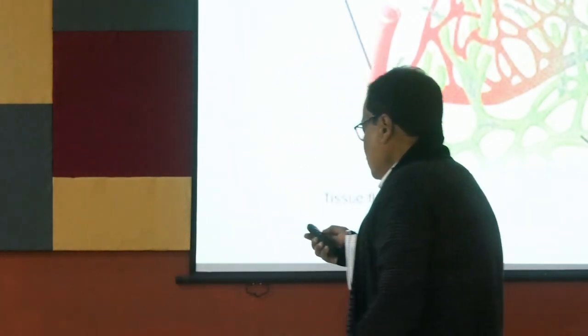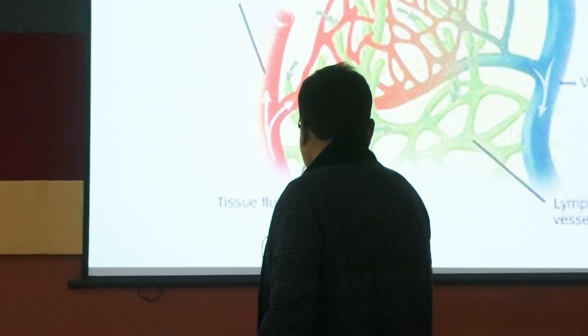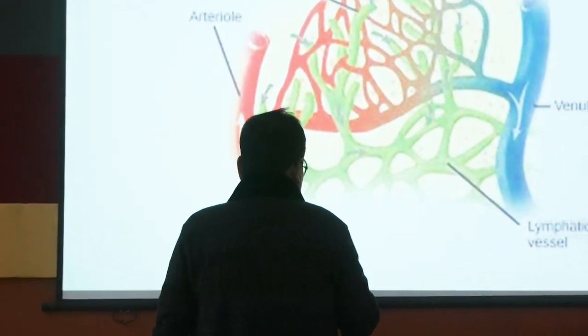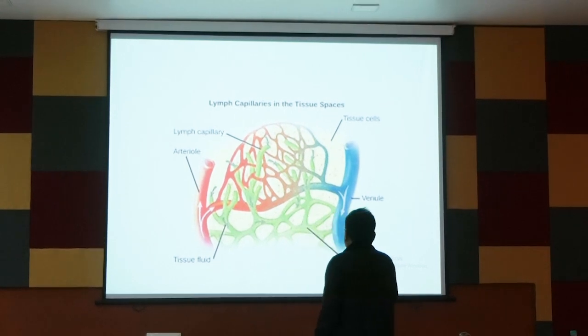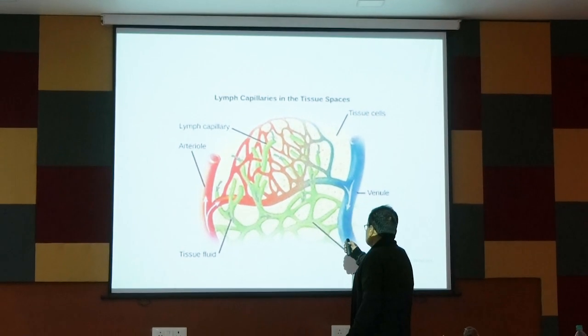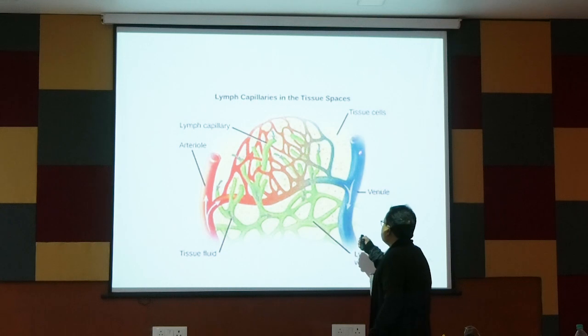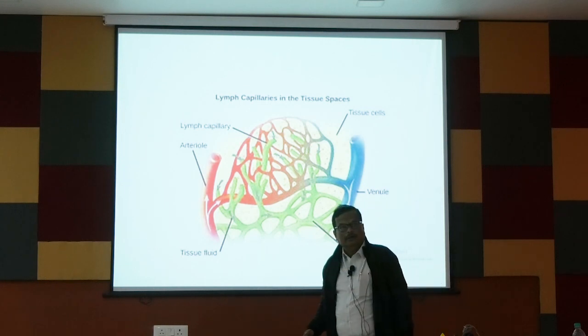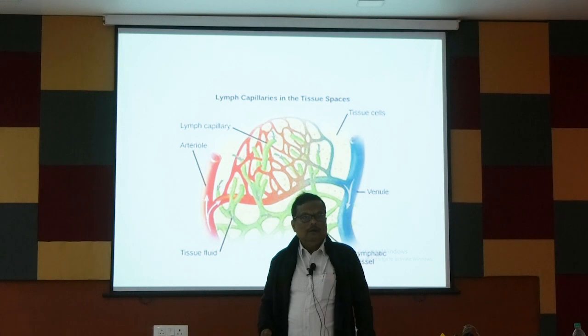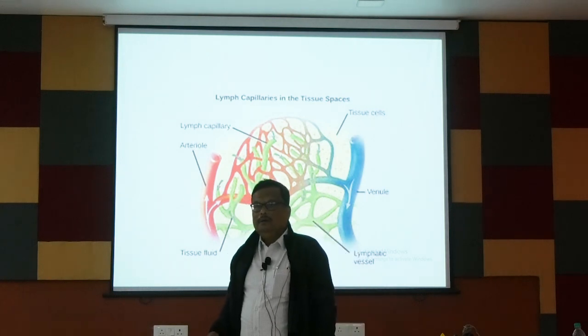And it goes to the venous system. So blood comes out to the venous system and ultimately goes back to the heart again. This is the normal. But something happened.